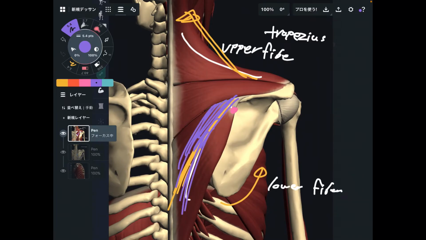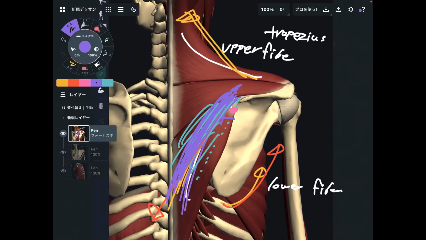Most part of lower fiber is medial from axis, where maybe partially it's right on the axis, but most of the part is medial from axis of rotation. So that pulls scapula this way. What's gonna happen? What kind of direction does it make? It's for upward rotation. It's like a scratching direction.